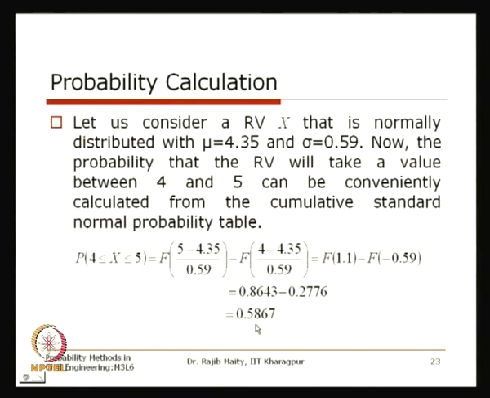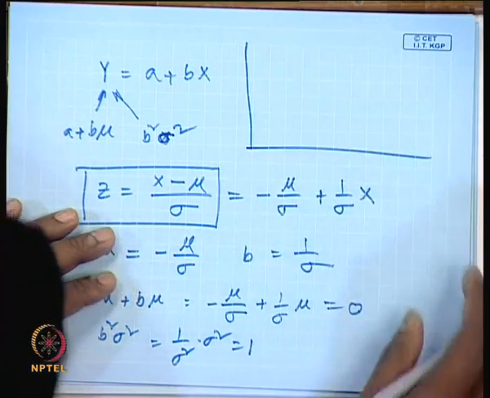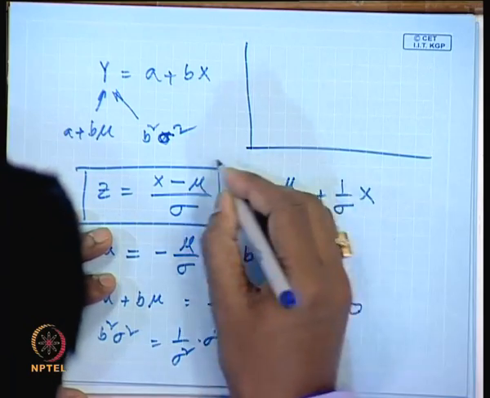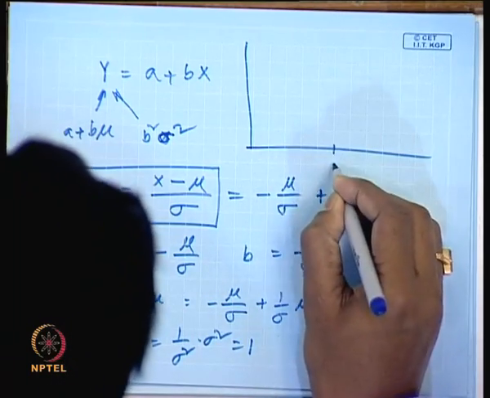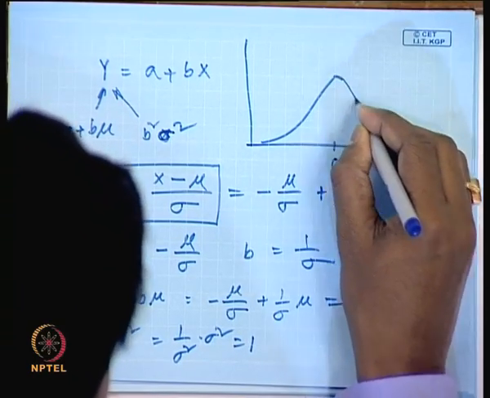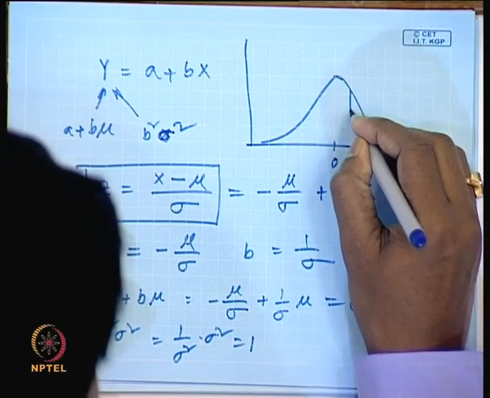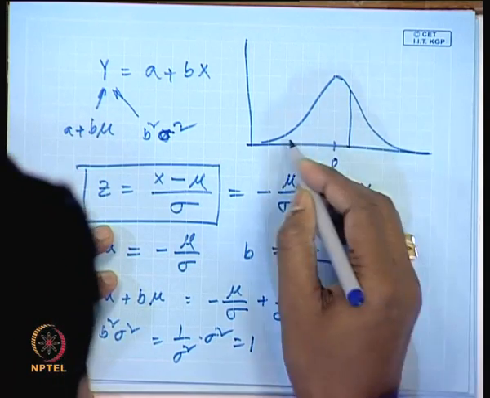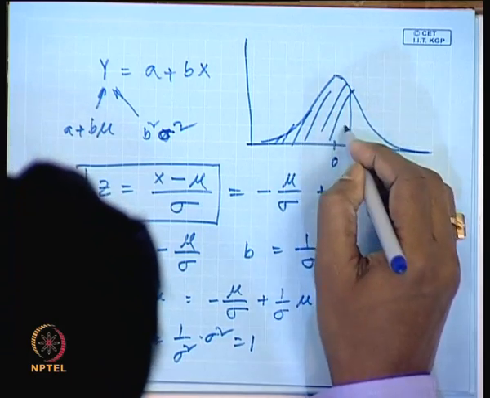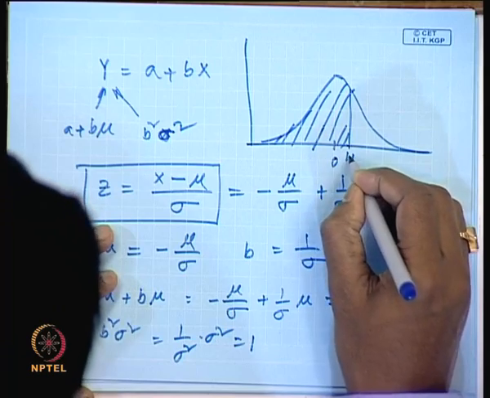What is done here graphically is like this. First of all, this is a reduced variate. If this is your 0, then the reduced variate looks like this. From 1.1, the value we get from the table is the total area from the left support up to that point 1.1.